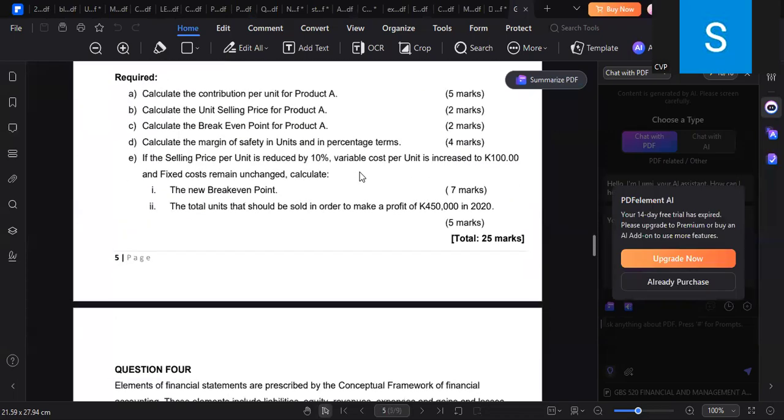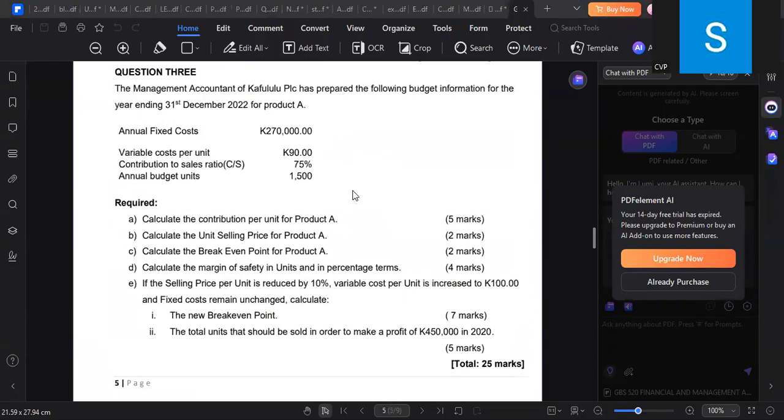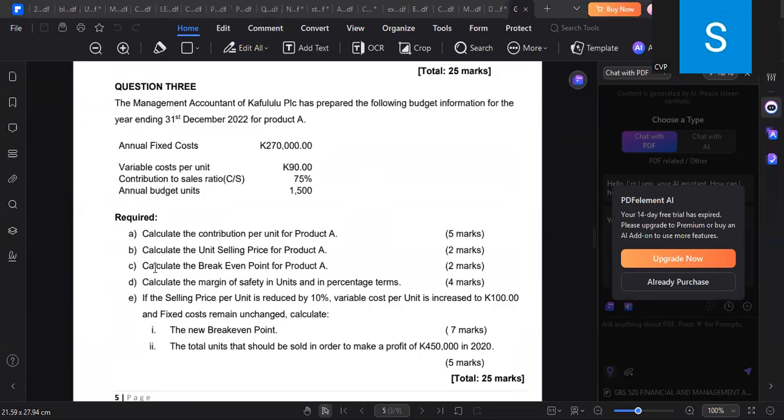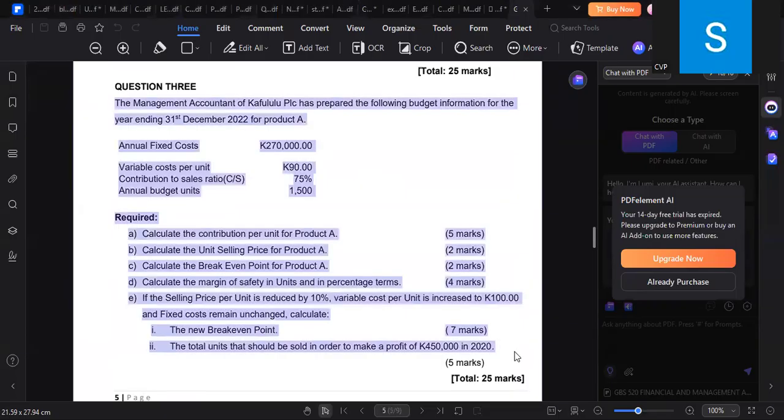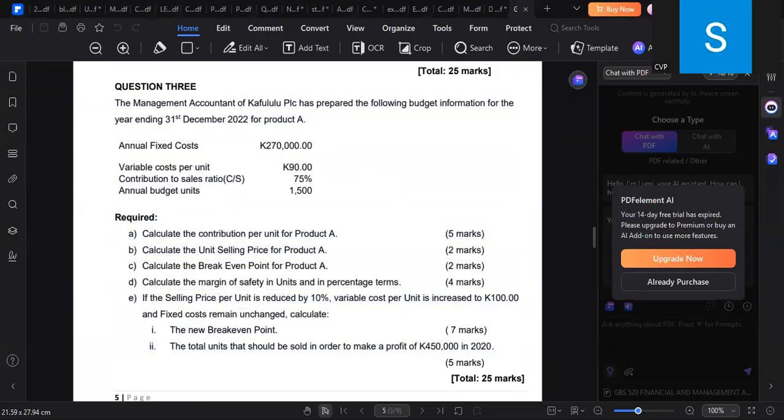Okay, so I've talked about the formulas here. Let's look at this question. Right, here we've been given that question.